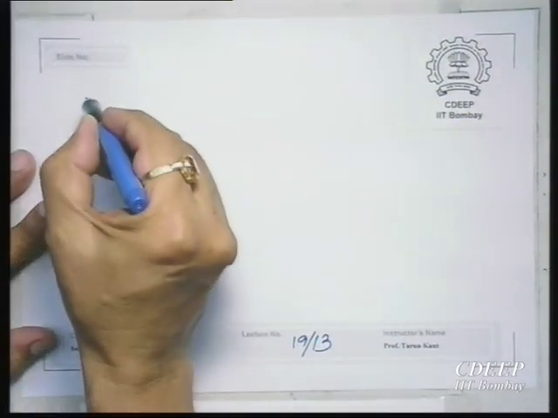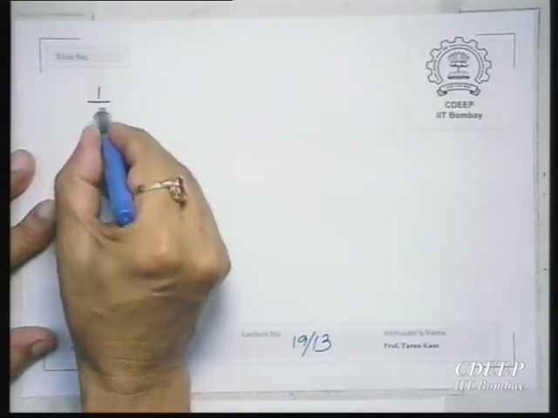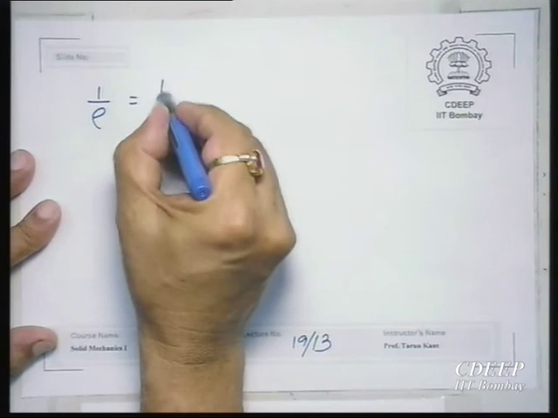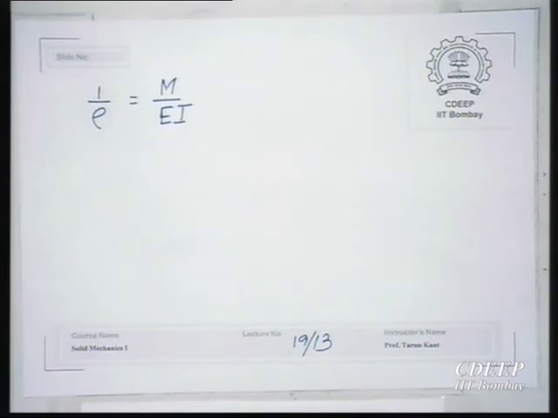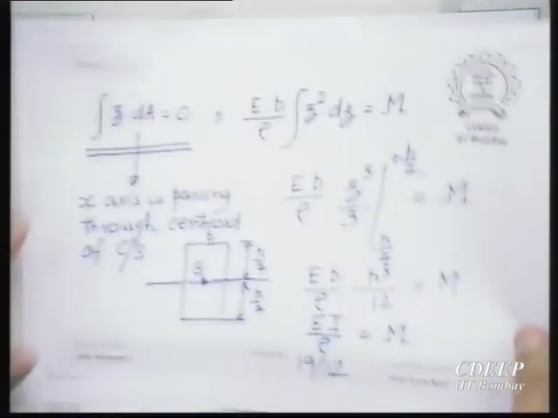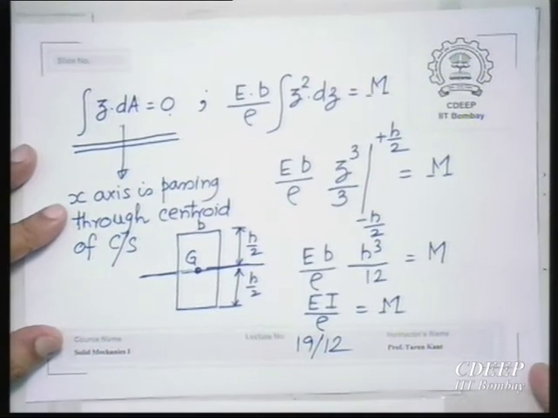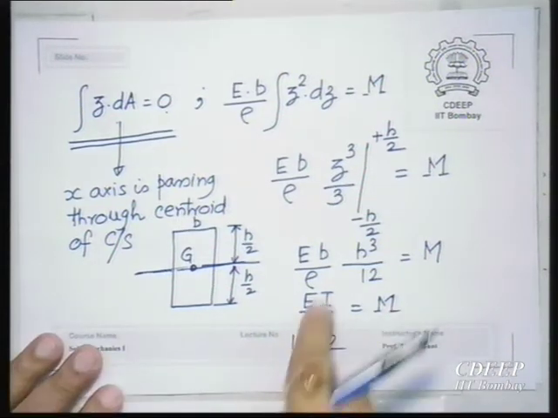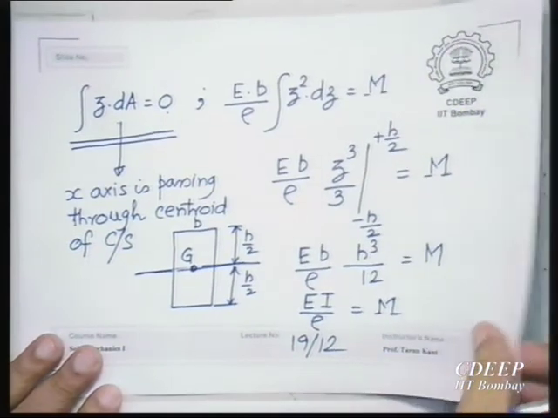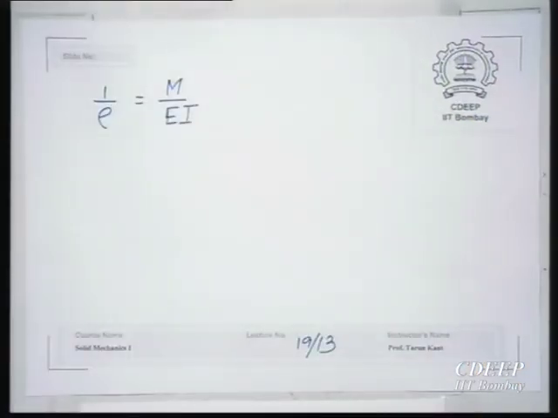So we have got 1 by rho equal to M by EI. That means I have related curvature to the applied moment at the cross section, the modulus of elasticity and the moment of inertia of the cross section, which is geometrical. So this is 1 by rho equal to M by EI. This is an important relation you have got now.